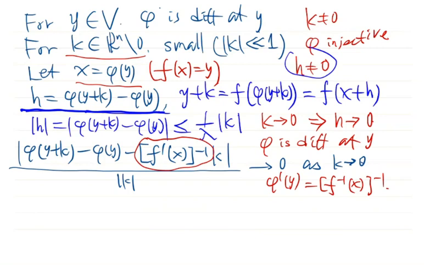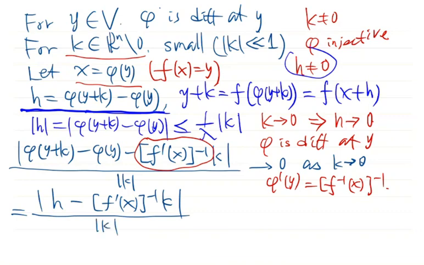Okay, so we need to prove that this expression goes to 0 as k goes to 0. So we estimate this expression. The numerator phi(y plus k) minus phi(y) is h, minus the inverse matrix of f prime x applied to k, then divided by the norm of k.